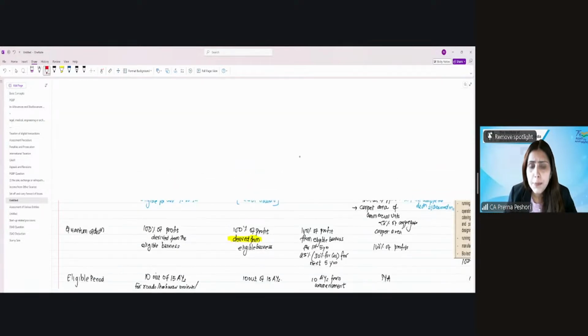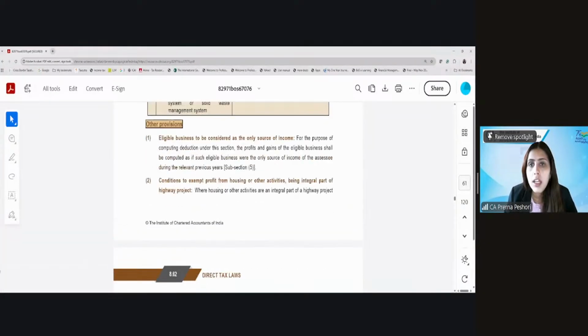Okay. Now, we will look at certain other provisions of the ATIA. Point 1: eligible business to be considered as the only source of income. What does it say?